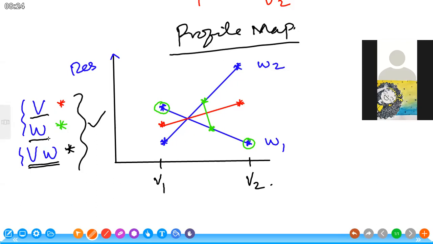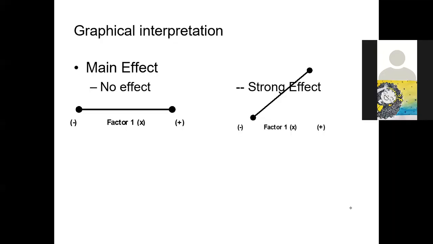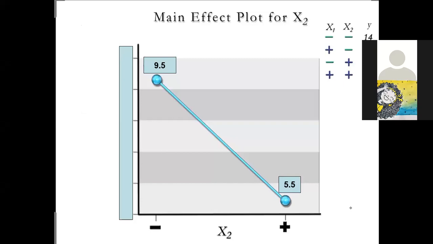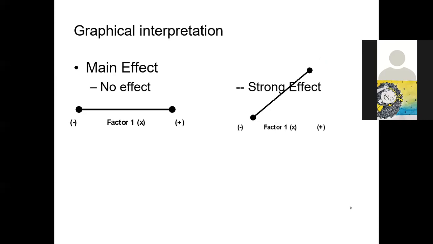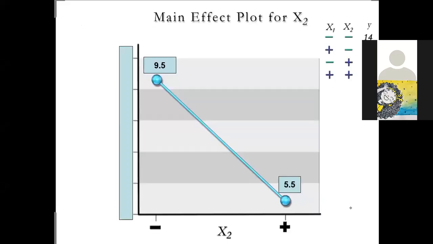Now I'm going to show you different scenarios of these interactions and the main effects. Can you all see the slide? Yes. Right. Now I'm just plotting only main effects. The main effect averages. Can you remember? If we want to find out the main effects, if it is parallel to x-axis, no main effects.